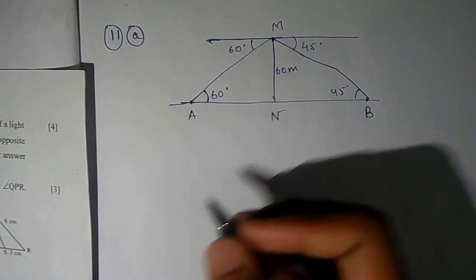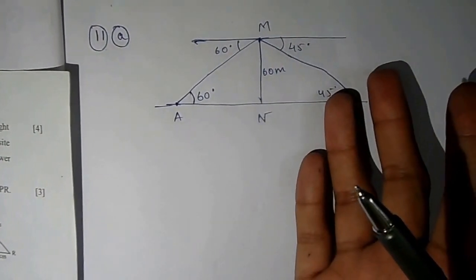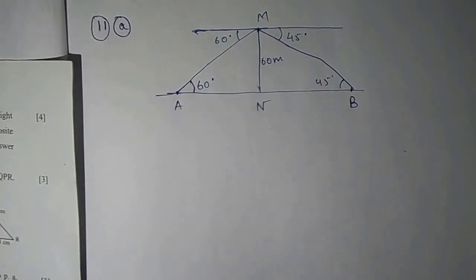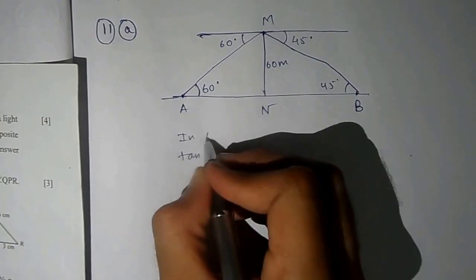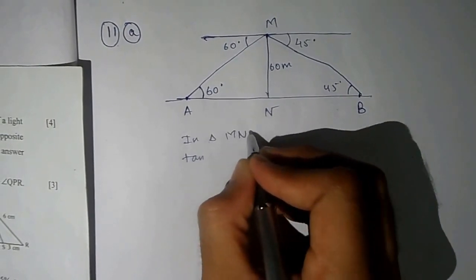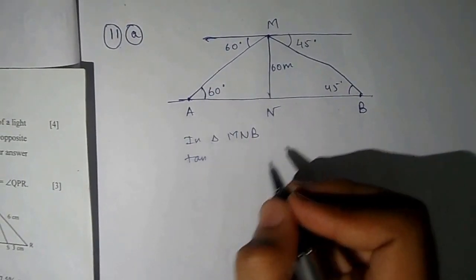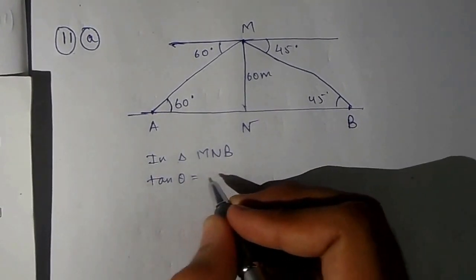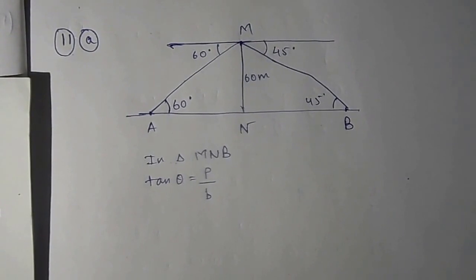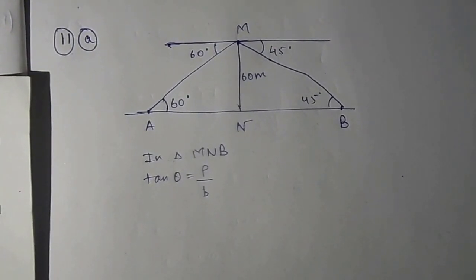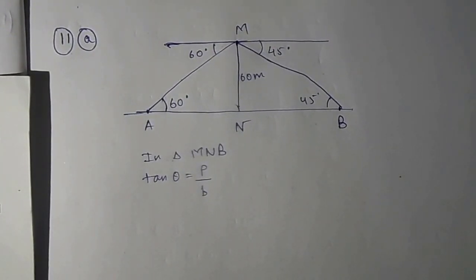Now solving firstly for ship number B. In triangle MNB, tan theta equals perpendicular by base. Now you have to remember the phrase, some people have curly brown hair tightly pulled back.